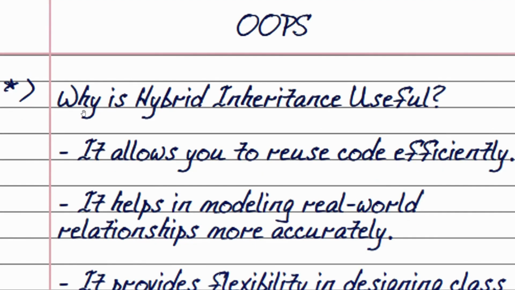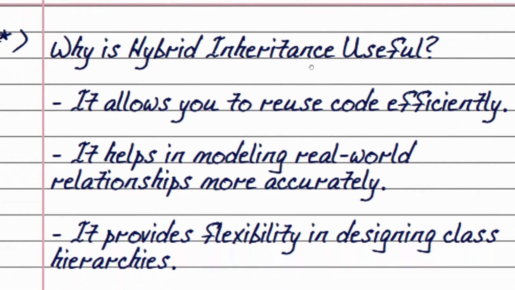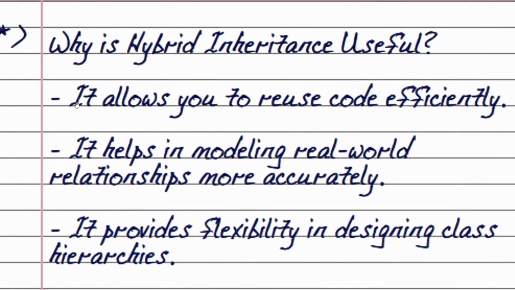So let's see why hybrid inheritance is useful. The first point is, it allows you to reuse the code efficiently. It helps in modeling real world relationships more accurately.